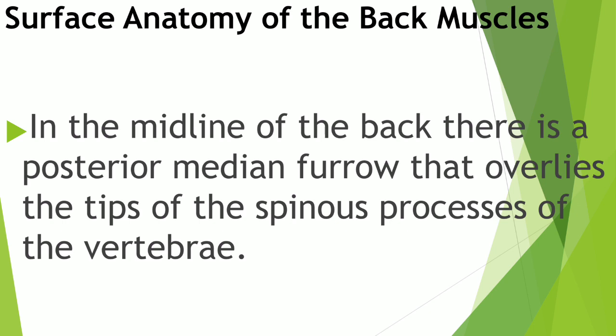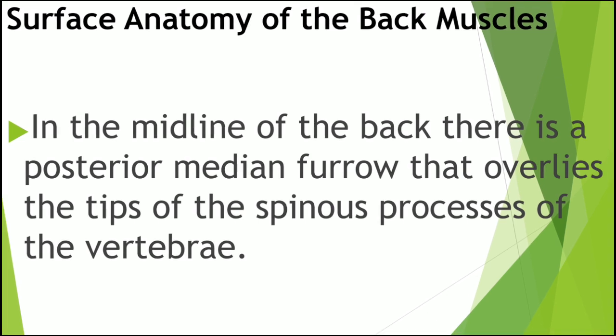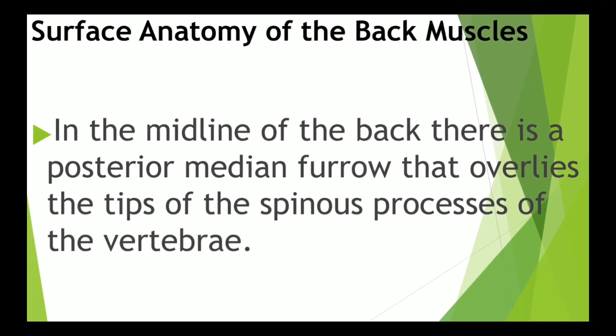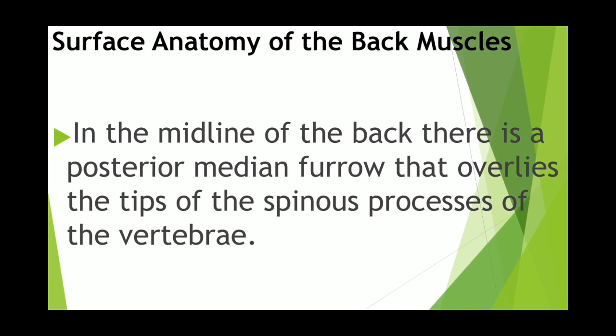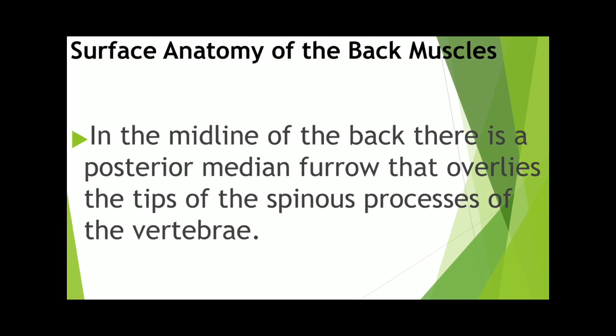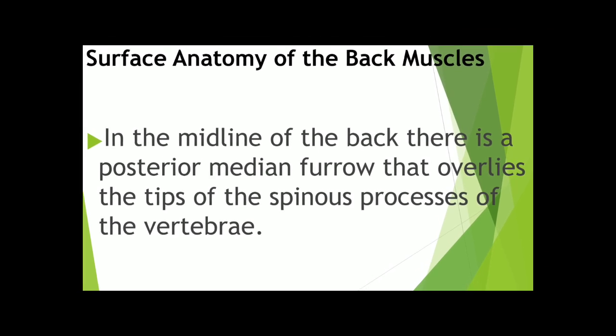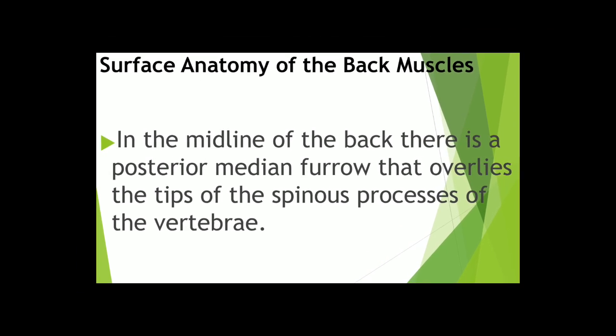So you can appreciate the lateral borders of the erector spinae in the lumbar region by the shallow grooves you see in the skin. When standing, you can appreciate the lumbar spinous processes. The surface marking of these spinous processes is the depression in the skin.